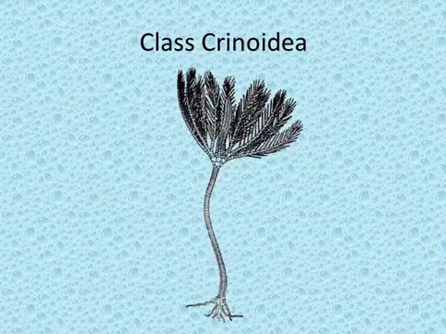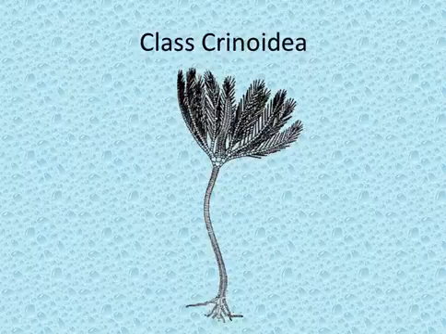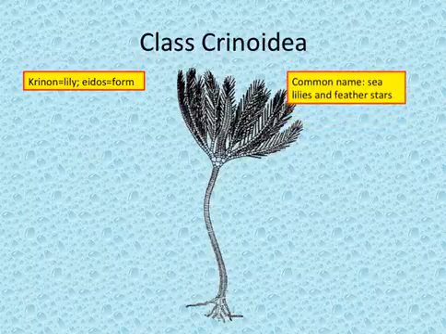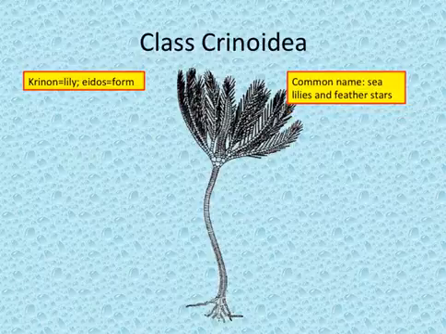The last class that we're going to be talking about is class Crinoidea. Krinon in Greek means lily, and eidos means form, so these are in the form of a lily, meaning they kind of look like a plant or a flower. Their common name is sea lilies or feather stars.